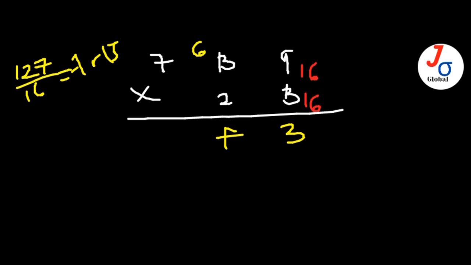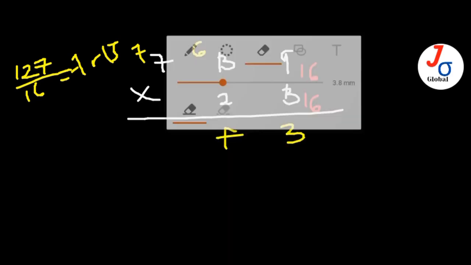And you have remainder, sorry, you have the whole number 7. So I'm going to put that here, 7. So you have B times 7. B is 11. 11 times 7 is 77. Then plus the carried 7, and you have 84. So 84 is greater than 16. So you have to divide that by 16.